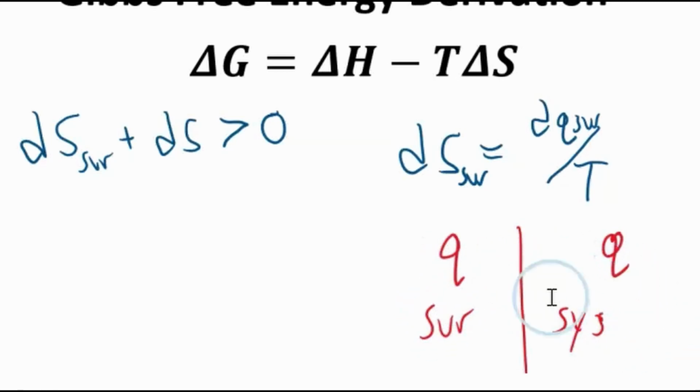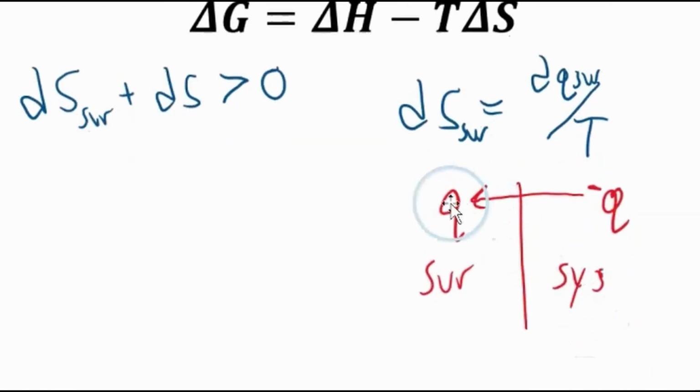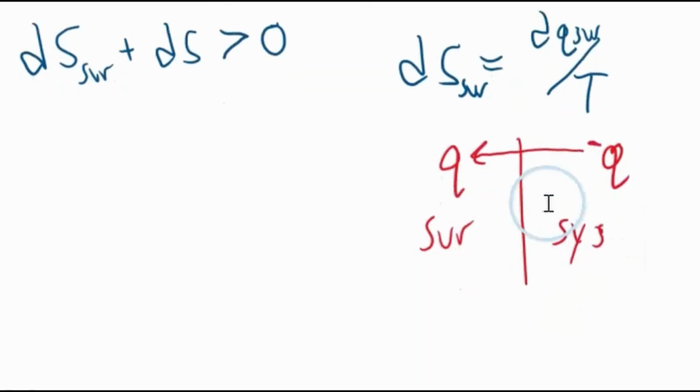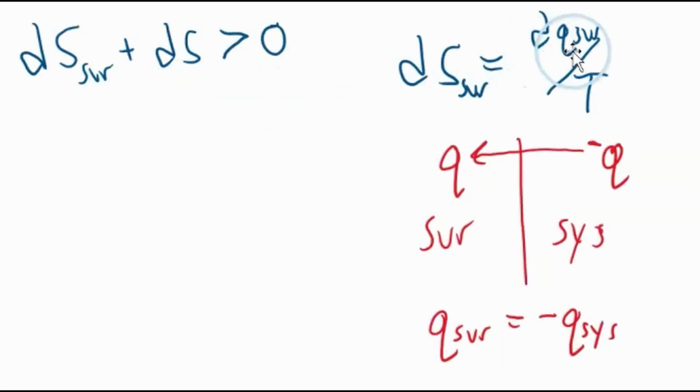If the system is hotter than the surroundings, we have heat transfer from the system to the surroundings, so this would be negative Q for the system. So we can say that these two are equal and opposite: the energy transferred to the surroundings as heat is equal to negative the energy transferred to the system as heat. So we can plug that in to this equation here.